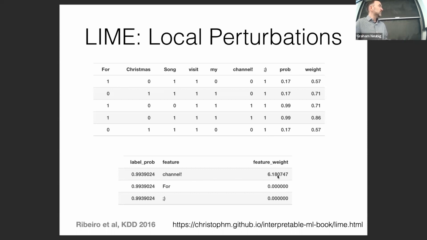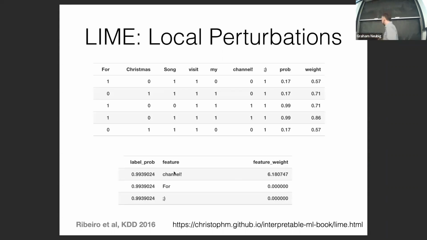If we train this model for this particular instance, channel gets a very high weight because it's the decisive difference between the low probability and the high probability examples. So channel being included is probably the thing that made the difference and caused the original model to say this was a spam sentence.